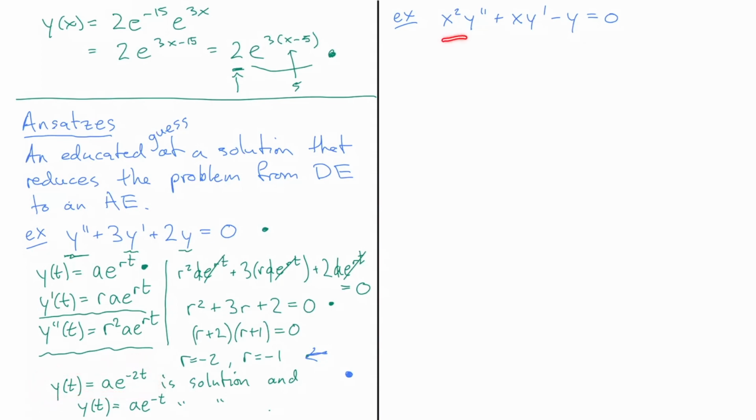And the same thing is going to show up here, although again we're going to be able to solve it because I've chosen a special equation that works pretty well. In other words, it's going to have real roots, just like the first example did. Okay, so now the thing to notice is that here, if I plug in e to the rt, we'll have e to the rt in all three of these, but it's going to be multiplied by x squared here, x here, and a constant here, 1 or minus 1.